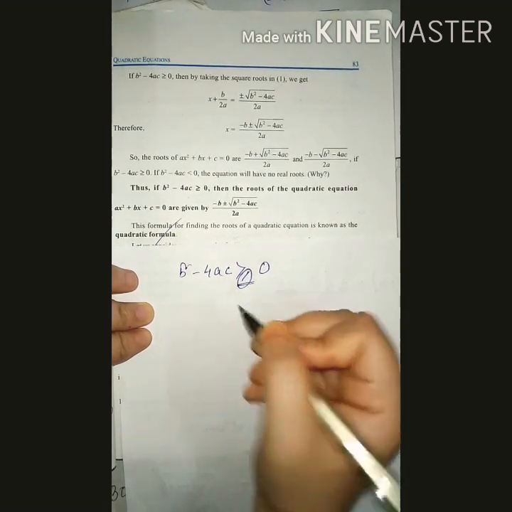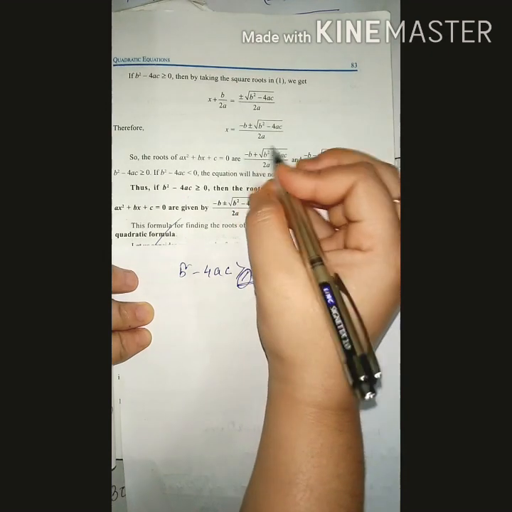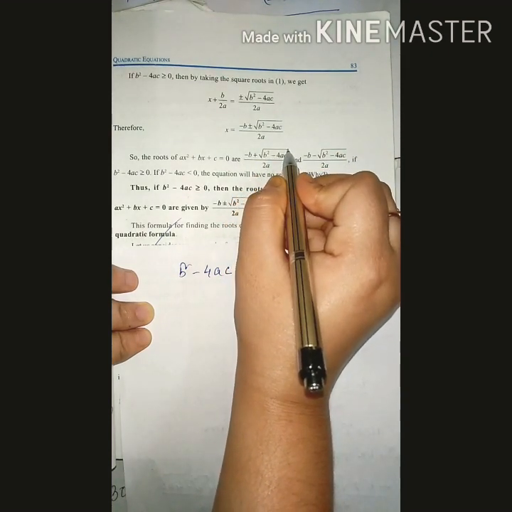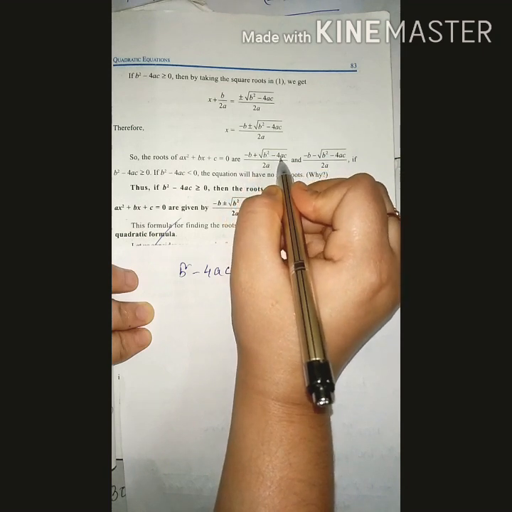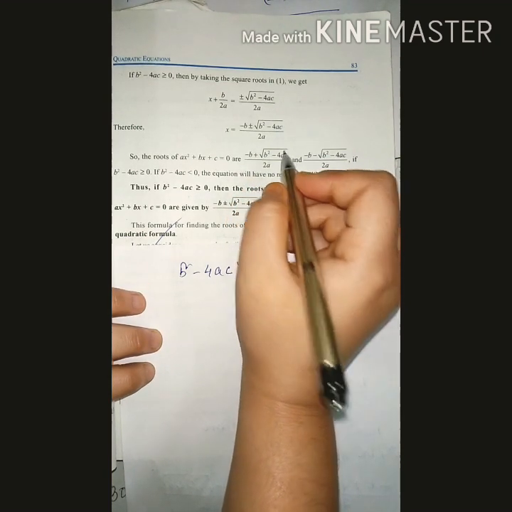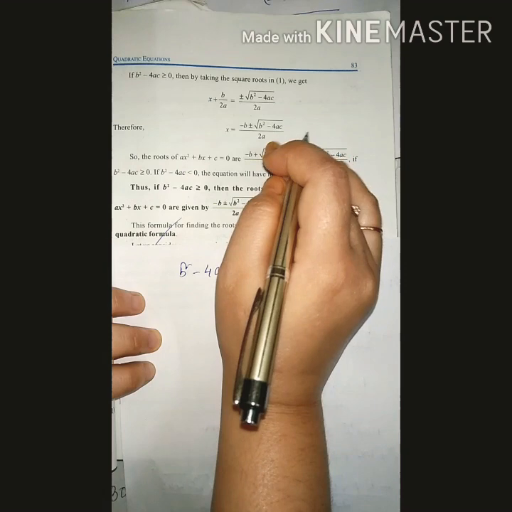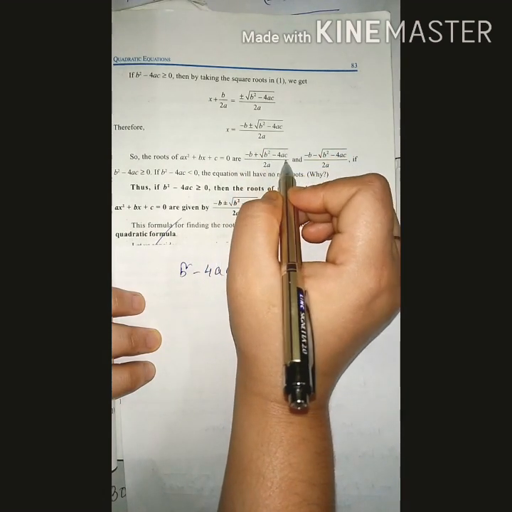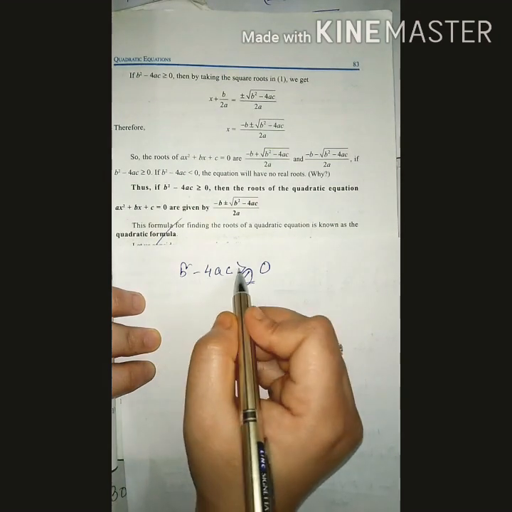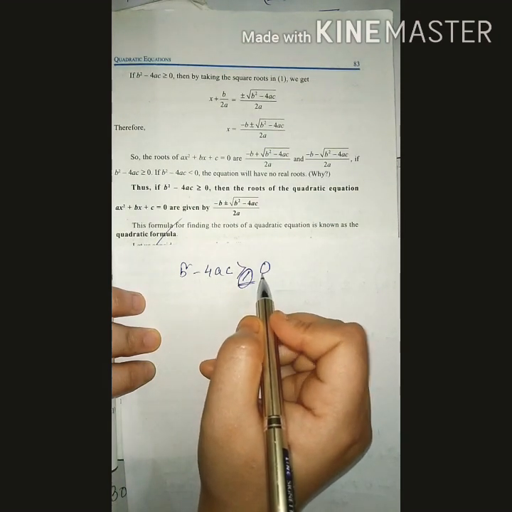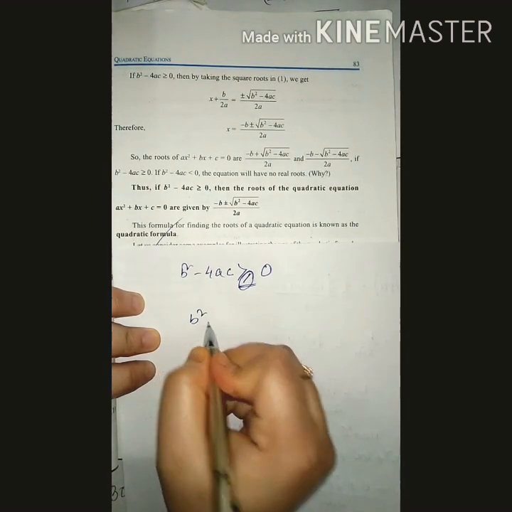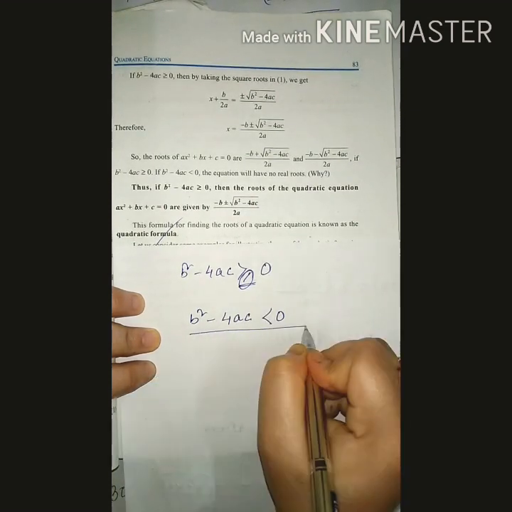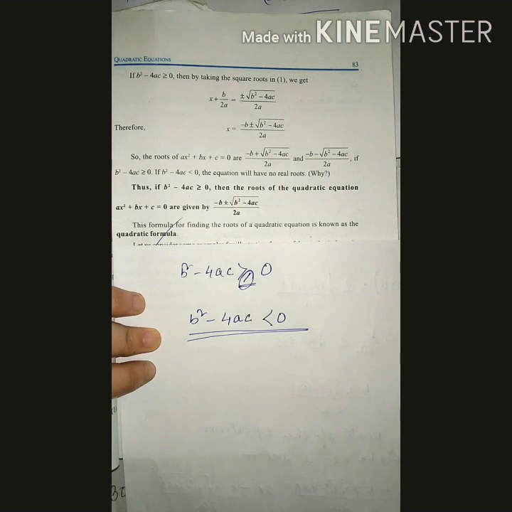This equal to is also there. If you get this part as 0, then also there will be no problem. You will get real values. If this b square minus 4ac part is 0, then also you will get real values. So that is why it is written as greater than or equal to. But if you get b square minus 4ac as less than 0, at that time no real value. Clear?